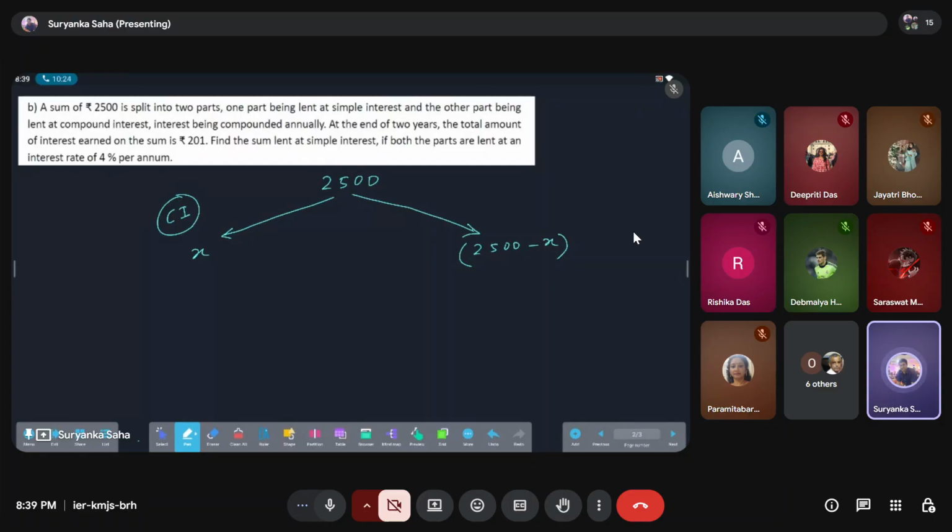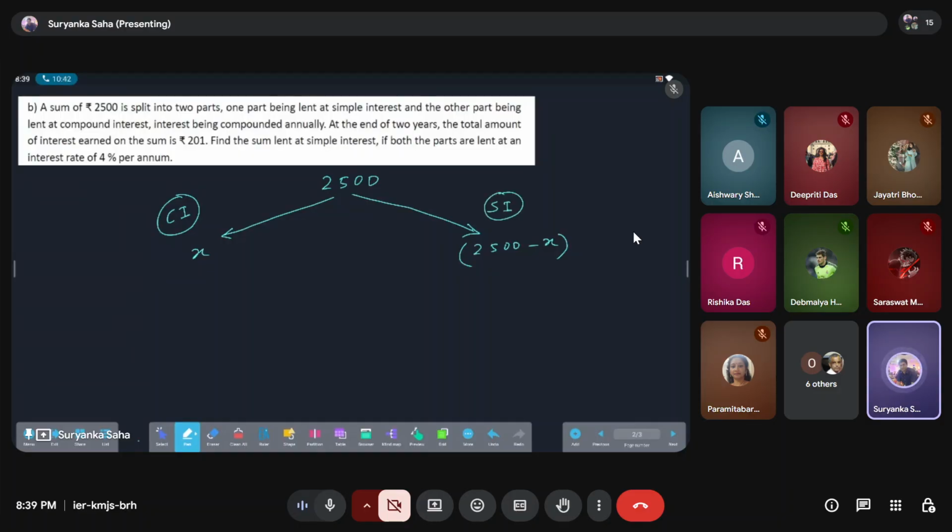Little bit big formula. So if you have X as principal, then it will be easier to handle, isn't it? Now you see, SI's formula is simple, so if there is 2500 minus x invested for SI, it will be better idea.